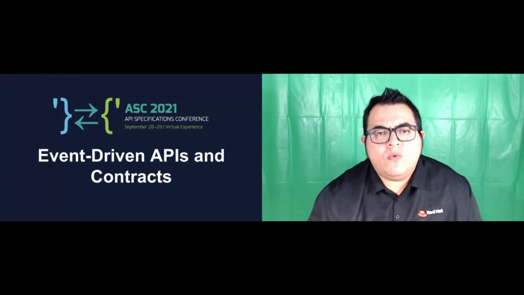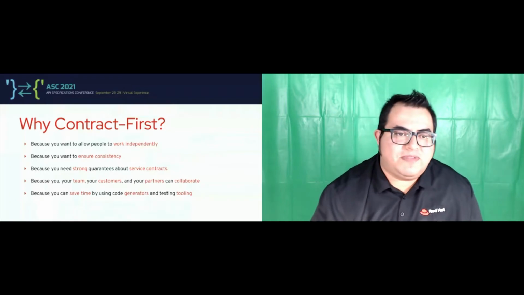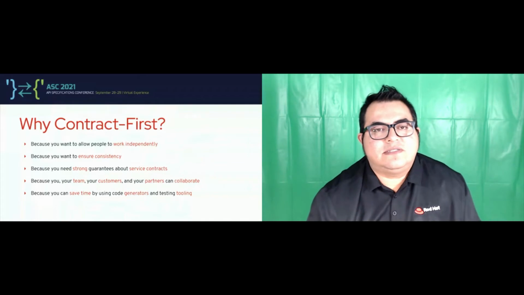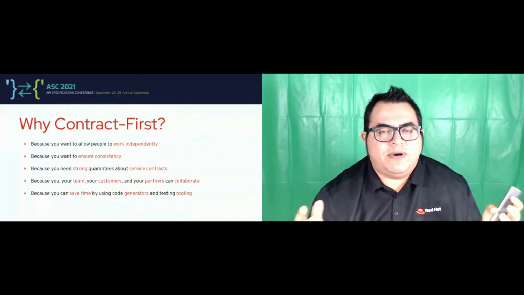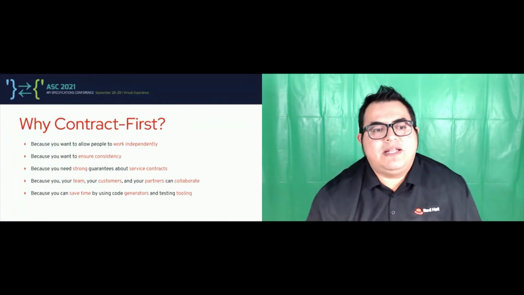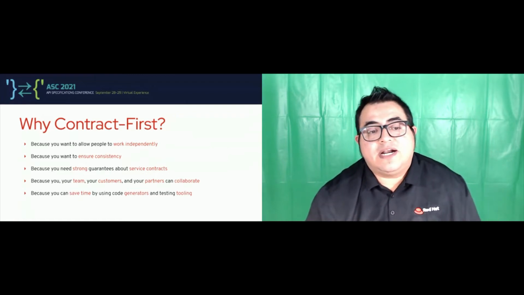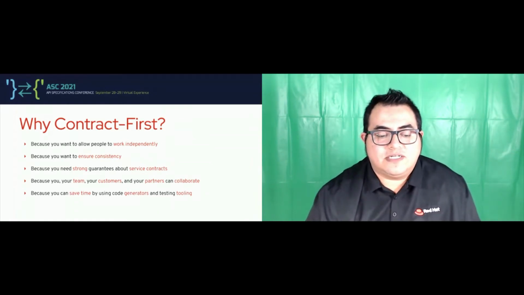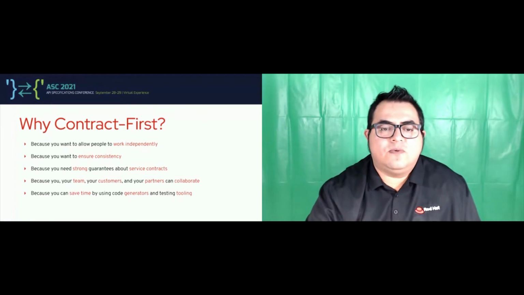So why, for example, contract first? That's something I think most of us have been also advocating as a way to do parallelization of the work and to reduce the times. Well, it's because it allows people to work independently. You can get consistency on the data that you are transferring. You will have strong guarantees on these service contracts because these contracts put in front what are the structures and the endpoints and everything.